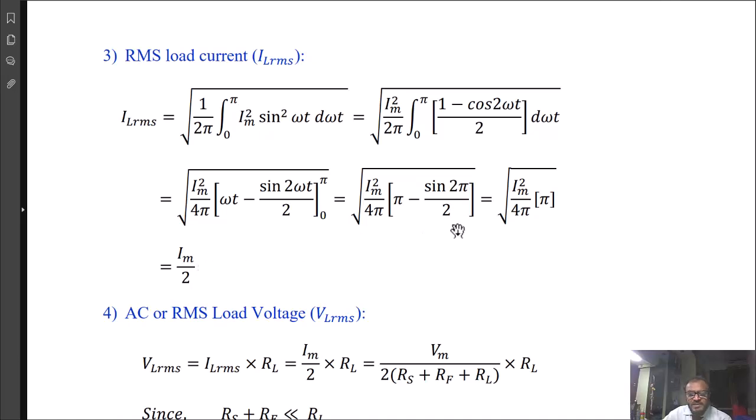Put the limits here and we will find that sine of 2 pi is 0, and therefore ultimately this equation reduces to under radical sign Im square by 4 pi into pi, and that reduces to Im by 2. Therefore ILRMS, the RMS value of the load current, is coming out to be Im by 2.